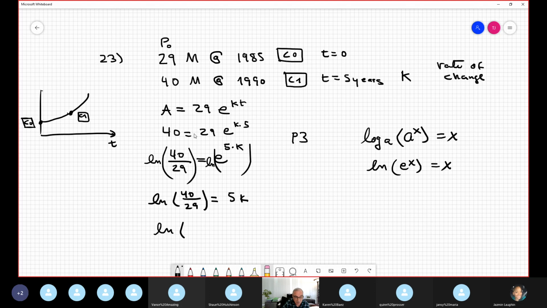Therefore, natural logarithm of 40 over 29 divided by 5, sorry, is K. And it's the K value.